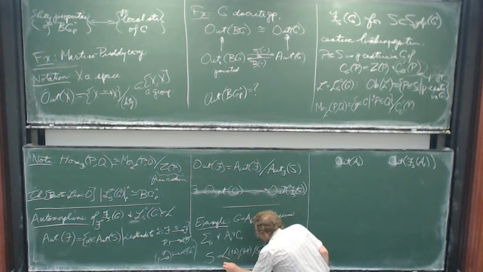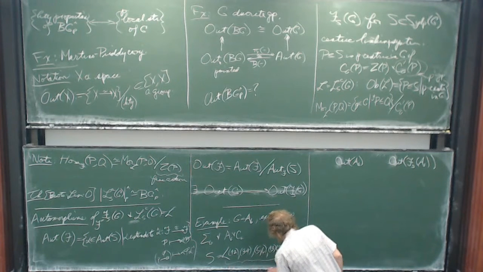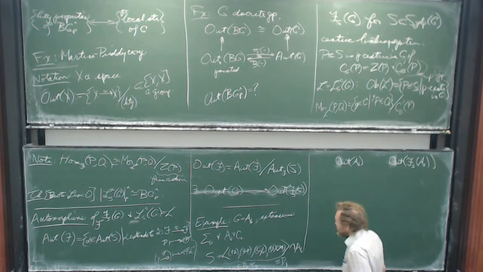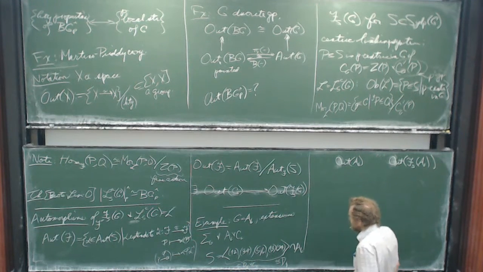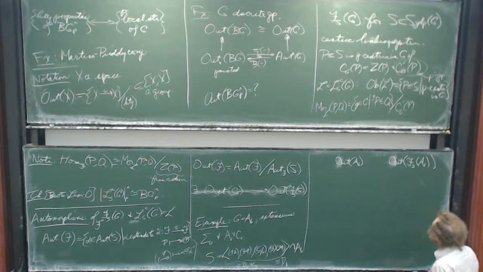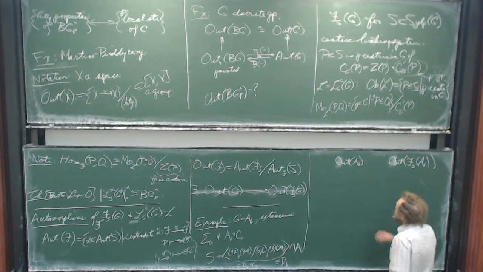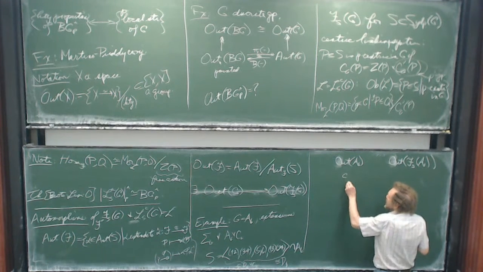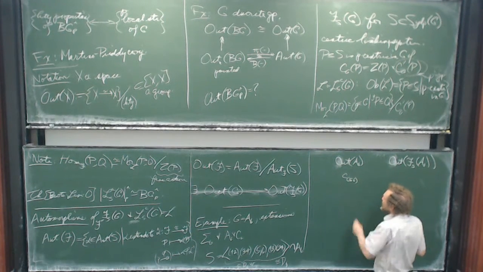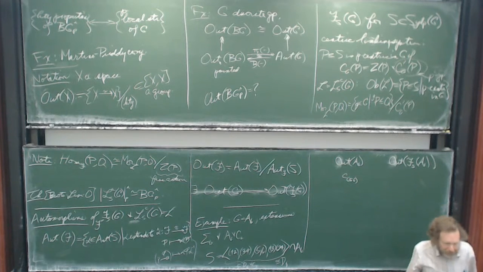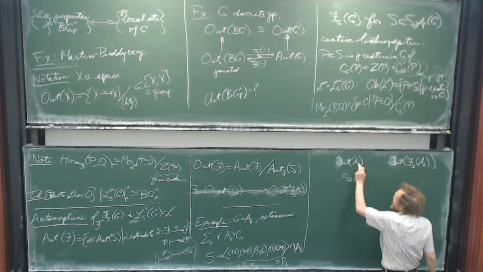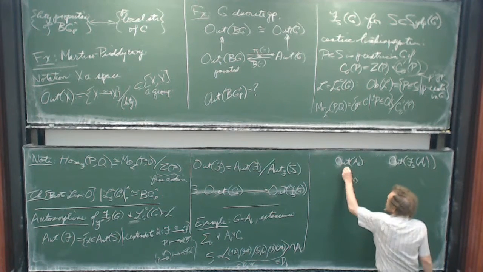But what's in here is D8 cross C2, because, yeah. And now, this is represented by conjugation by (5 6). (5 6) is obviously an odd permutation, and conjugation by that is a generator.